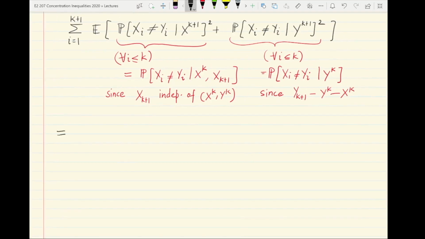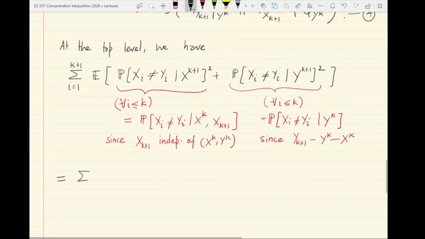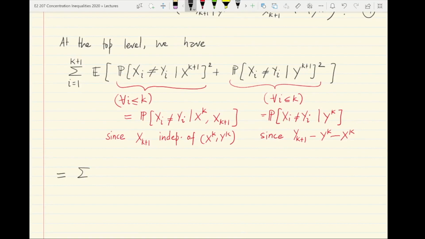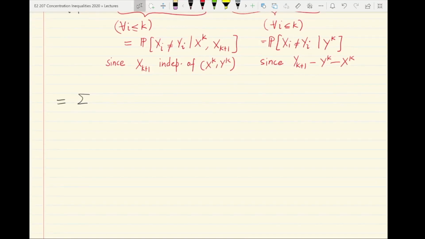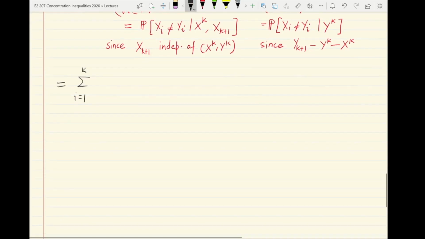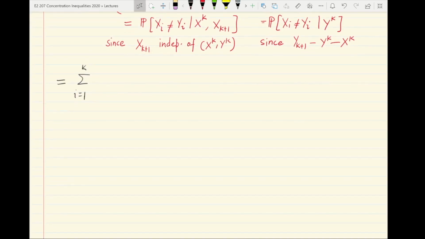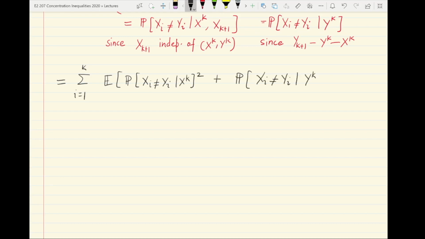So what we have finally is that this is equal to, if you split this sum into two parts, one containing all terms up to k and one containing the k plus first term, in the first sum from i equal to 1 through k, we will use these equivalences, and this allows us to replace x all the way up to k plus 1 with x all the way only up to k, plus the probability of xi not equal to yi given y all the way up to k only.